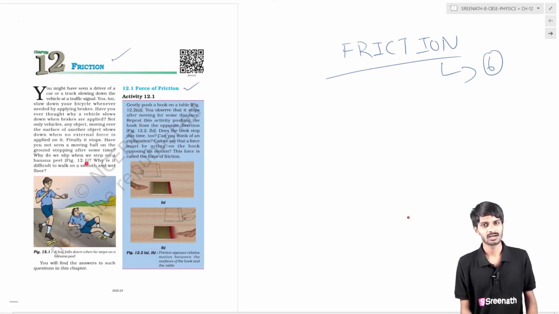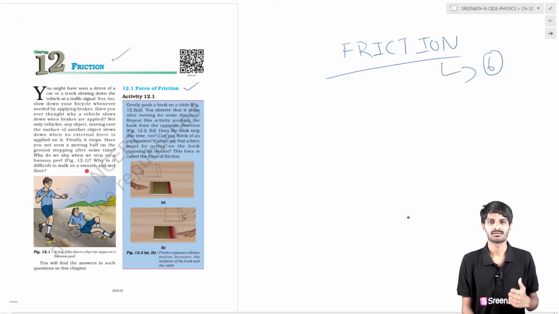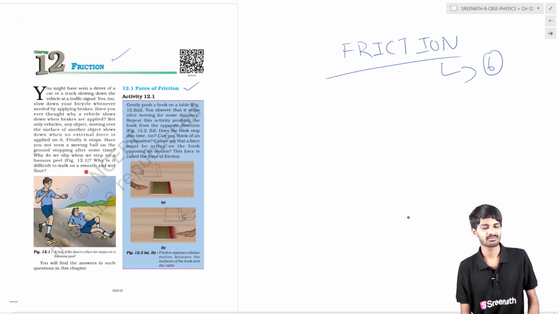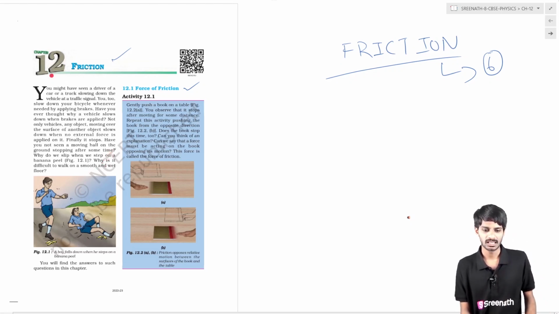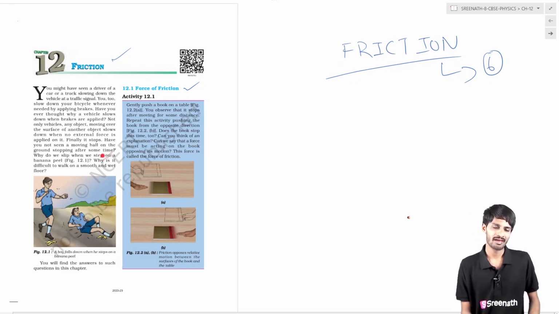When you put your step on a banana peel, what happens? You will slide. And what happens on a smooth road? Vehicles will slide. What is the reason for the sliding of the vehicles and for your slipping down when you put your step on a banana peel? Have you ever thought about it?